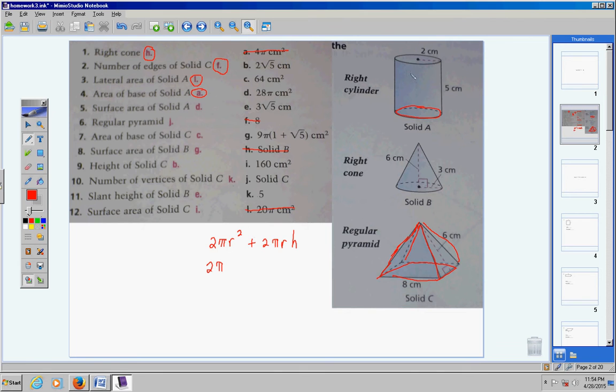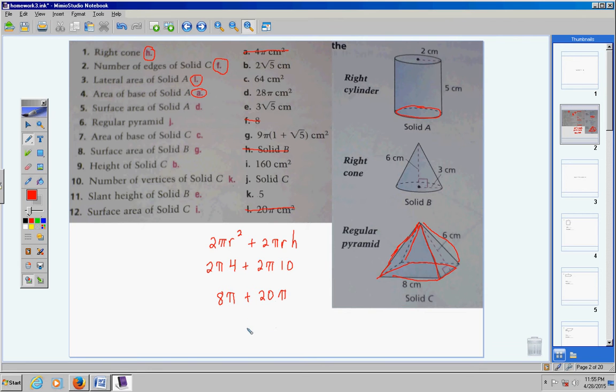The radius is 2, so 2 times 2 is 4, plus 2 pi, then we have r times h, radius times height. The radius is 2, the height is 5, so 2 times 5 is 10. So now I have 8 pi plus 20 pi, because 2 times 4 is 8, and 2 times 10 is 20.